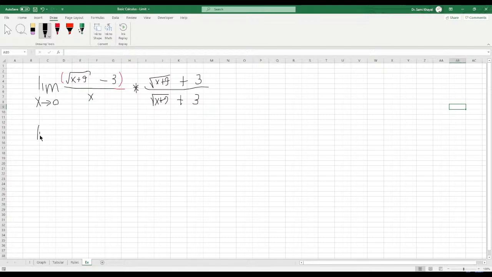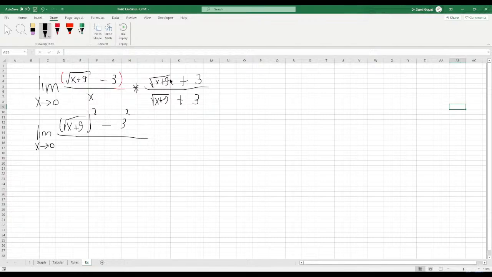Now, let's see what will happen if I multiply them. It will be the limit of x approaching 0. This times this one will give me the square root of x plus 9, whole square, minus 3 squared.